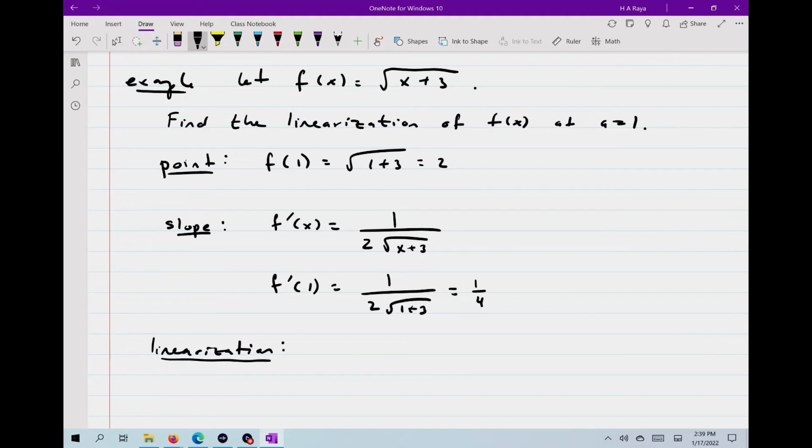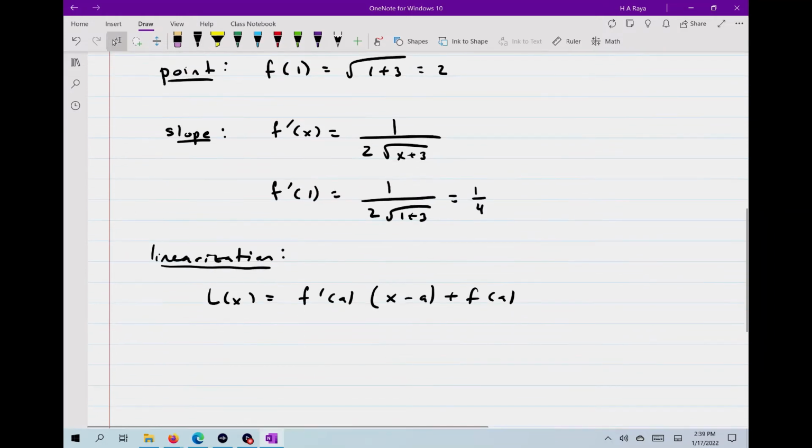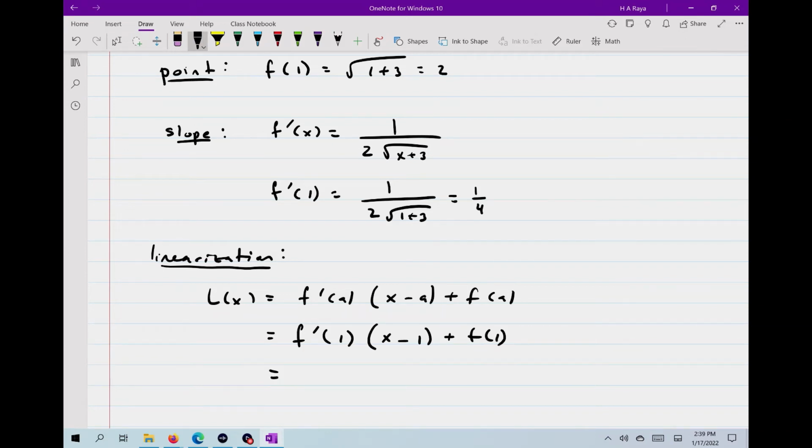So our linearization function, capital L of x, is equal to f prime of a times x minus a plus f of a. And in this case, our a is equal to 1. F prime of 1 is 1/4, and f of 1 is 2.